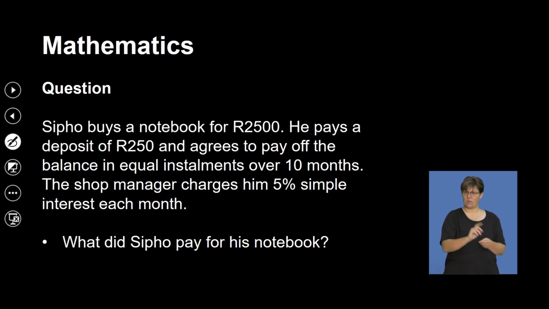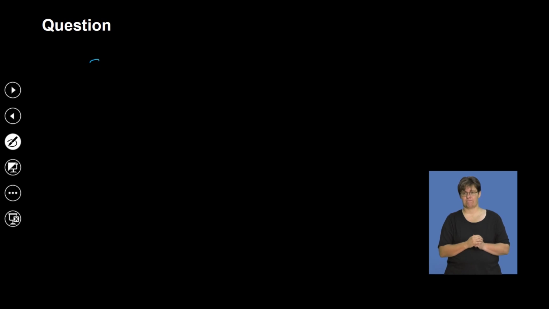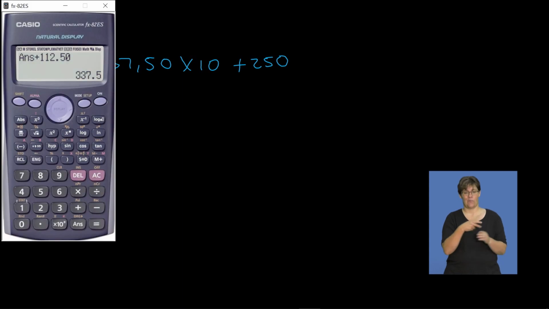For us to know, we'll take that amount, 337 rands and 50 cents, multiply it by 10, and then add the 250 that he paid as a deposit. That's how much Sipho would have paid at the end of the loan that he took.